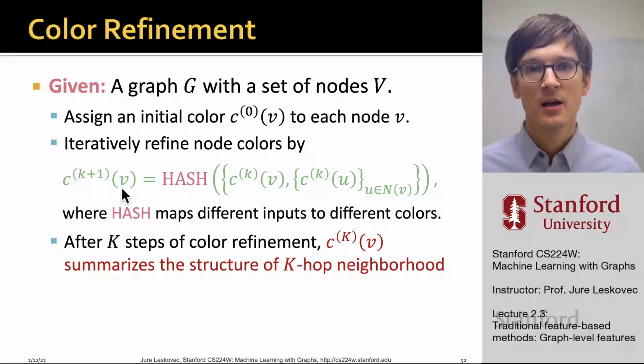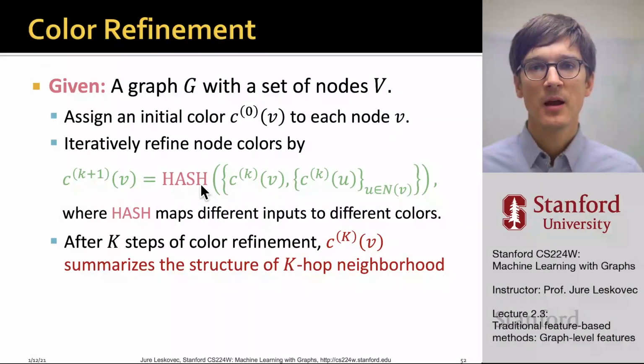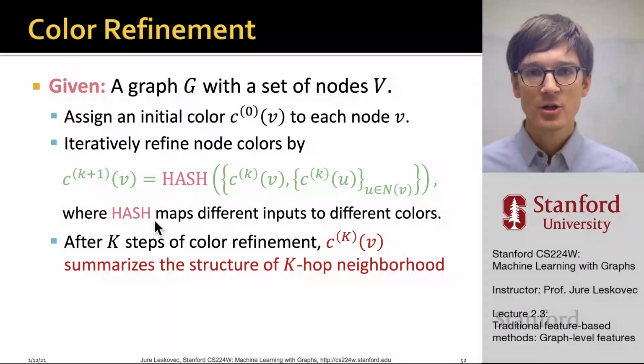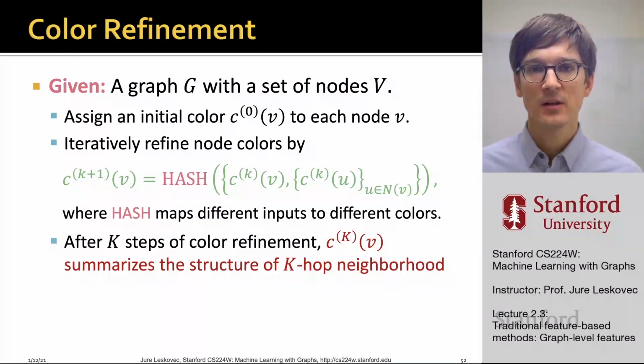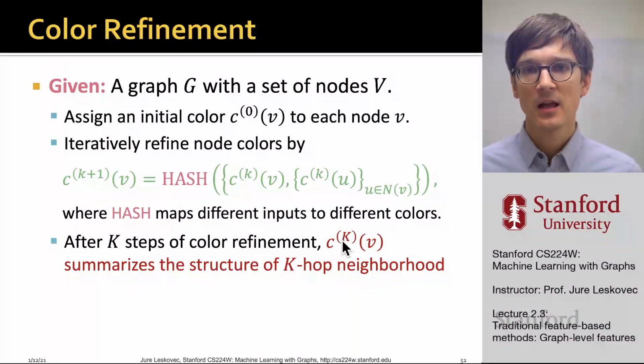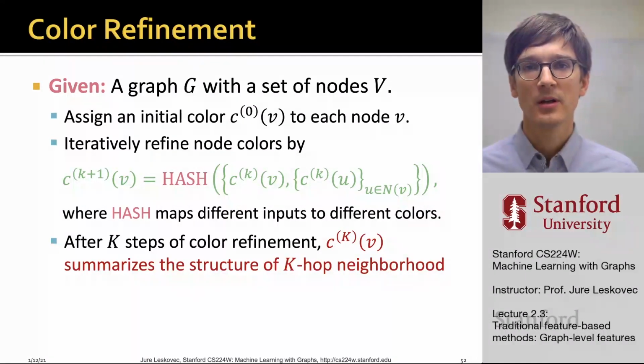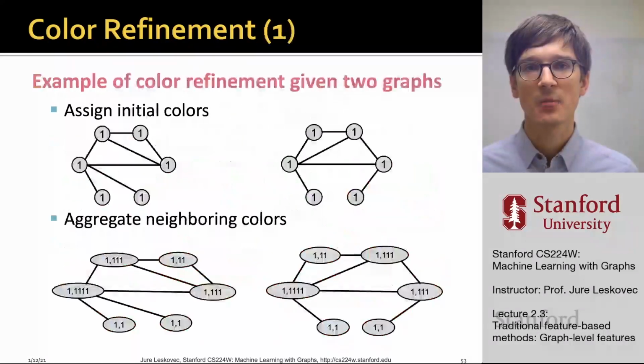So the way to think of this, the new color for a given node V will be a hashed value of its own color from the previous time step, and the concatenation of colors coming from the neighbors U of the node V of interest, where hash is basically a hash function that maps different inputs into different colors. And after K steps of this color refinement, c superscript K of V summarizes the structure of the graph at the level of a K-hop neighborhood. So let me give you an example and explain.